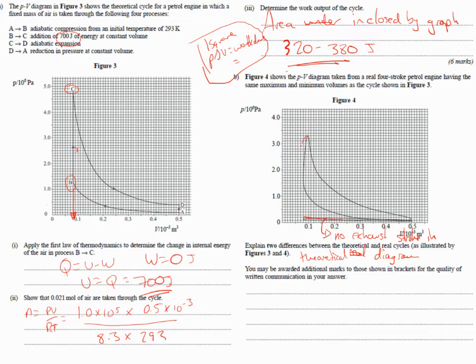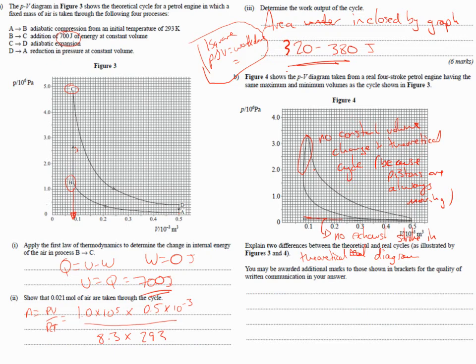There is no constant volume change in the real cycle, because the pistons are always moving. But we assume that these happen instantaneously in the theoretical cycle.